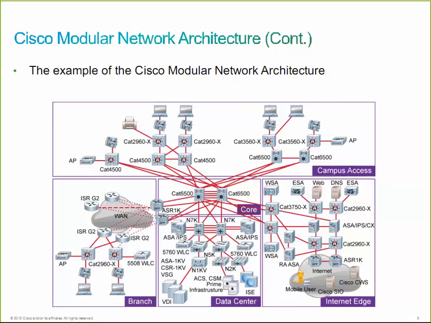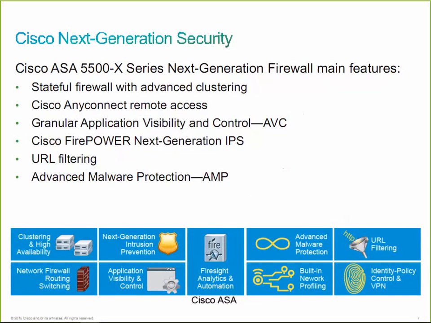So what kind of platforms does Cisco provide for this network security? Well, they have next generation platforms. And by the way, that's just a term Cisco uses to define these enhanced platforms that include things like Firepower, application visibility and control, AVC, et cetera.